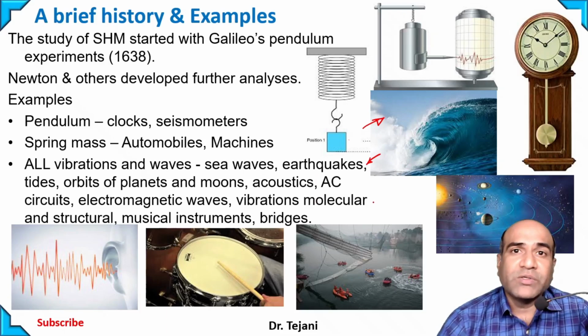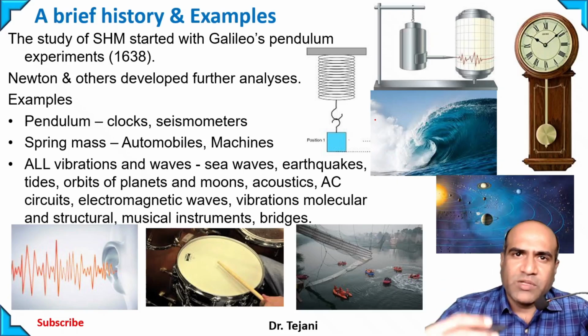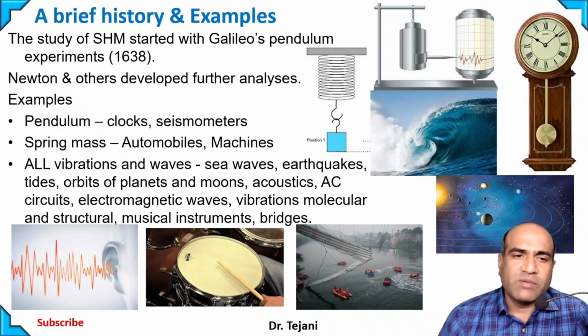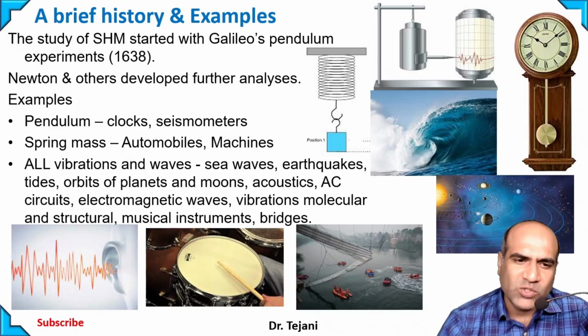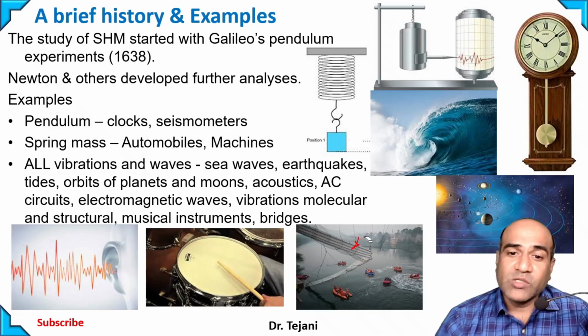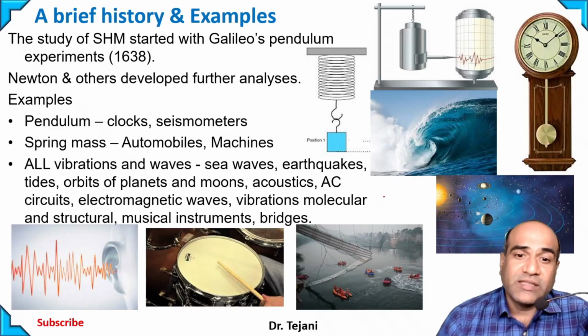Vibration of molecules and structures. If we see the atomic portion, the vibration, we know that there is a movement of the structure. So that is also simple harmonic motion. The musical instruments that we love to listen to are also part of simple harmonic motion. And the collapse of bridges because of vibration, because of resonance, that also covers simple harmonic motion.